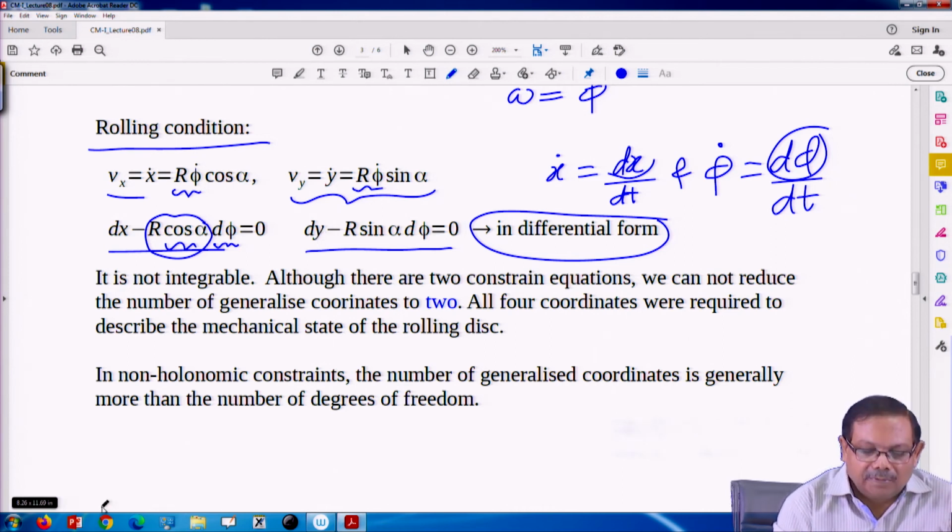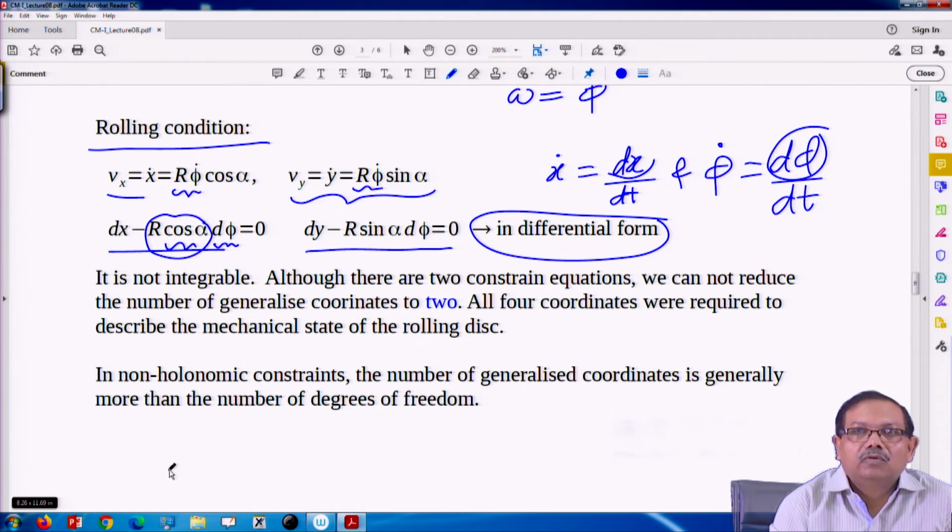So, the integrability condition is violated. So, I cannot integrate. So, I cannot reduce the number of coordinates. So, to define its location, I will always require 4 coordinates. We do have 2 constraints, but we cannot have 2 generalized coordinates.